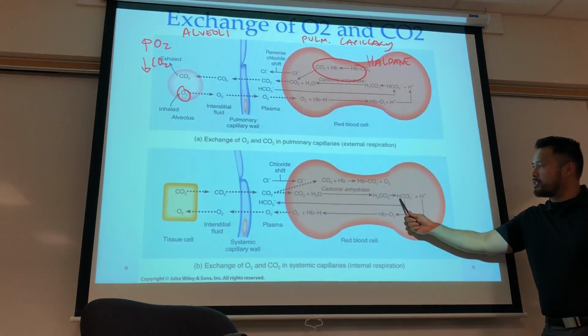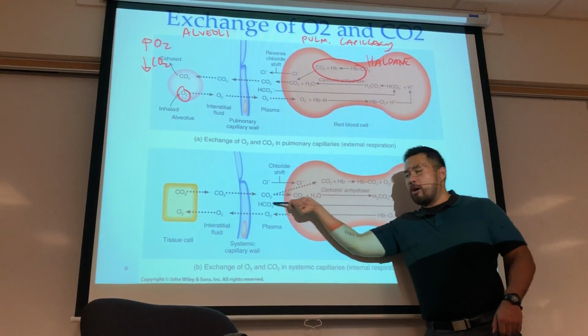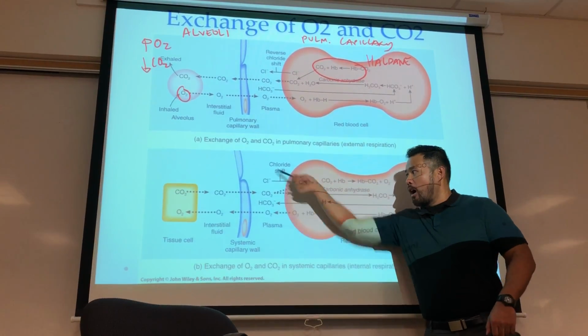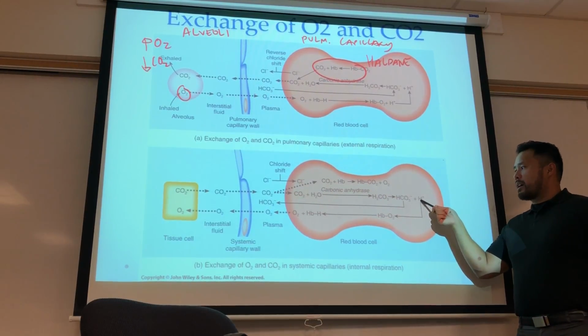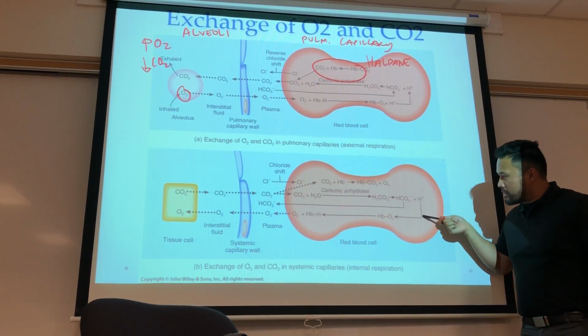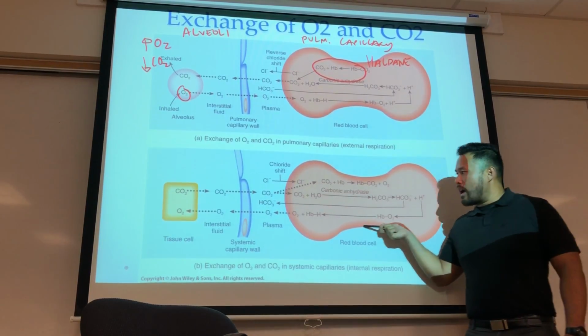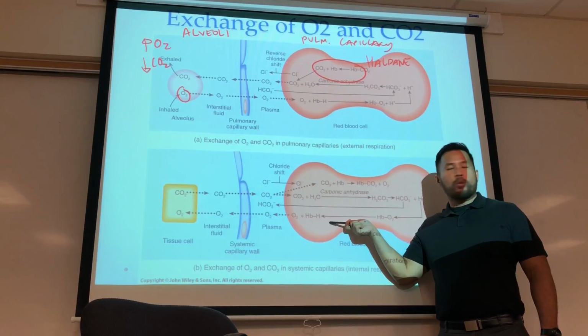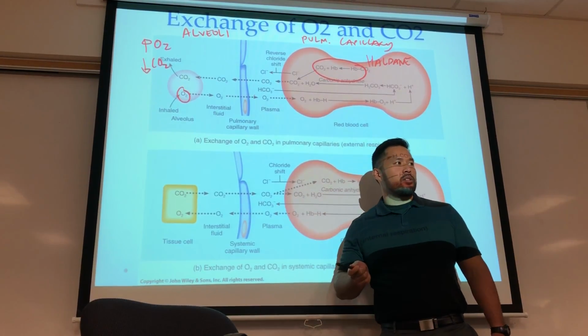That carbonic acid, again, dissociates into bicarbonate. Bicarbonate then ships out into the plasma where it becomes our buffer in the blood. That remaining hydrogen ion comes in and binds to that hemoglobin, unloading that O2. Once that O2 is unloaded, it diffuses down its gradient back into the tissue.